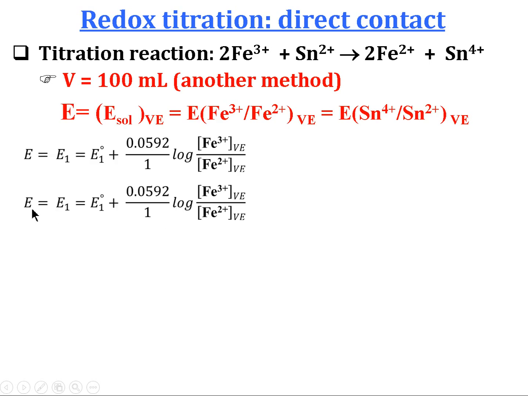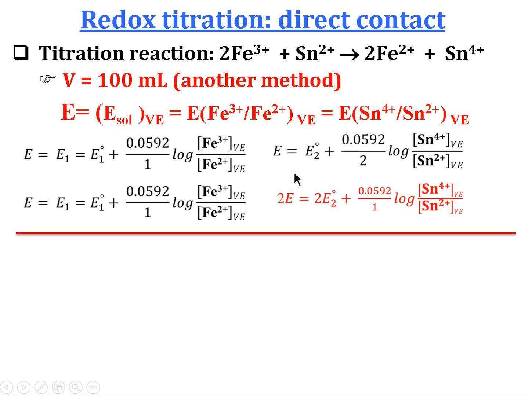At V equivalence, E of the solution equals E couple 1 equals E01 plus 0.0592 divided by 1 log Fe3+ divided by Fe2+ concentration at equivalence, or E of the solution equals E couple 2 equals E02 plus 0.0592 divided by 2 log Sn4+ divided by Sn2+ concentration at V equivalence. On the expression of the couple 2, multiply by 2, so we have 2E equals 2E02 plus 0.0592 log Sn4+ divided by Sn2+ concentrations.